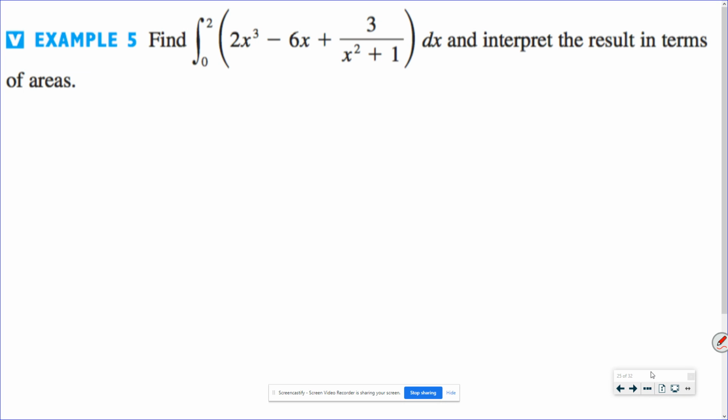All right, one more of these. This one has lots of coefficient values at the beginning, so you may want to apply some properties to break that up.